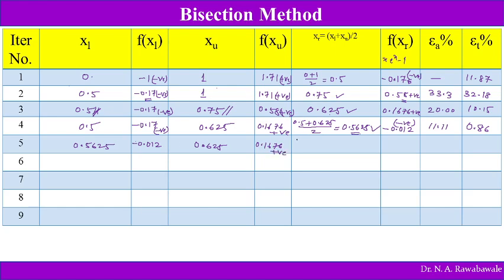The average of these two, 0.5625 plus 0.625 divided by 2, I will write directly the average.